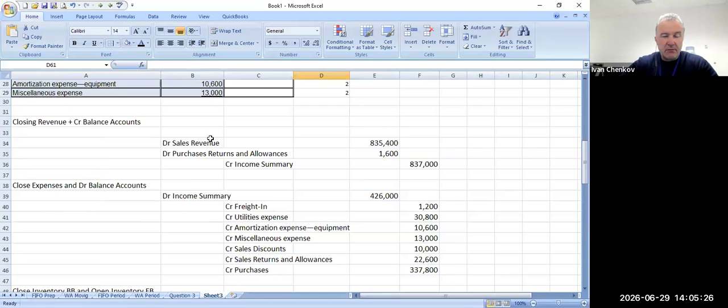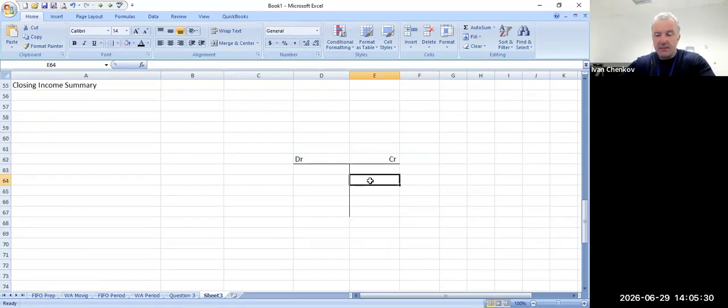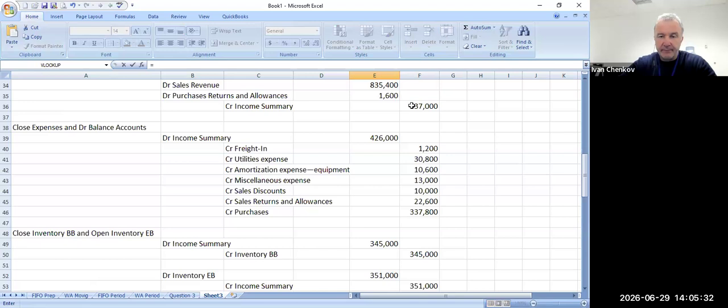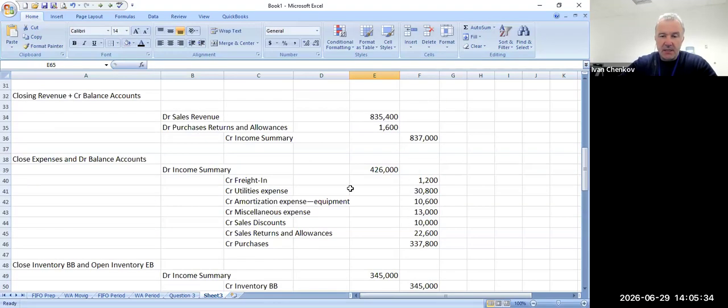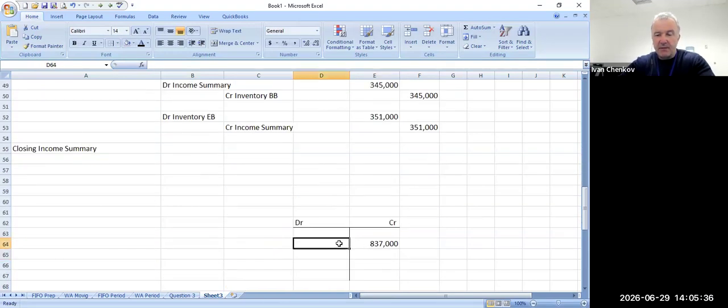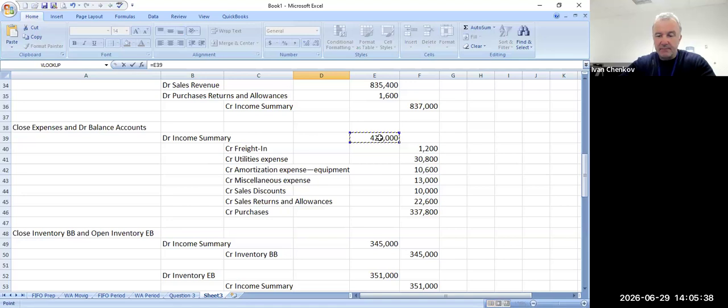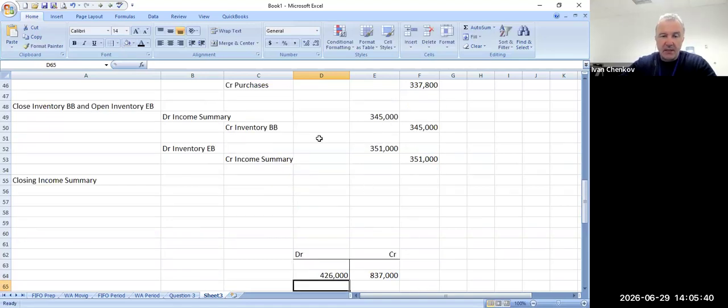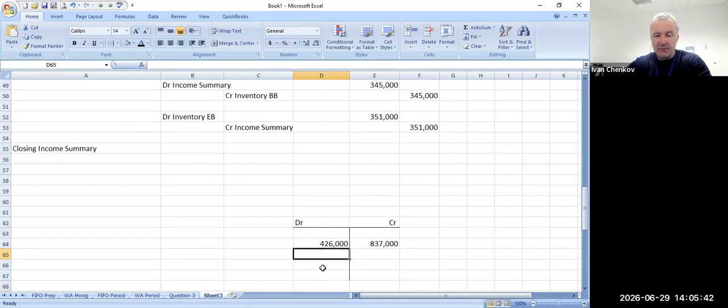On the first entry, we have this amount which comes on the credit side. On the second entry, we have this amount on the debit side. Then from the inventory on the debit side, we have a new amount, which is 345. And for the inventory ending balance, we have 351.